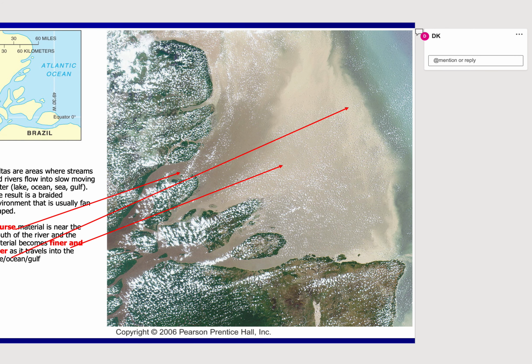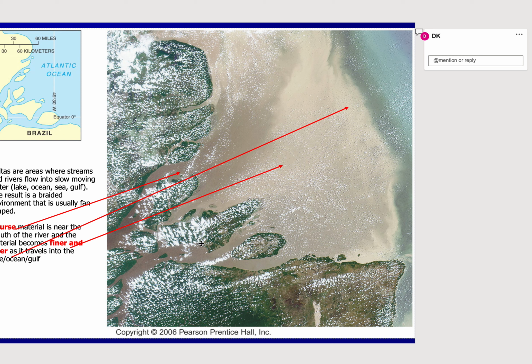We get aggregation this way as well at the mouth of rivers. So this is a delta which is being formed, and they're generally fan shaped. So here's the top of the fan out here, and then here's the base of the fan, and the mouth of the river is here. With very large rivers, the mouths are not entirely open.